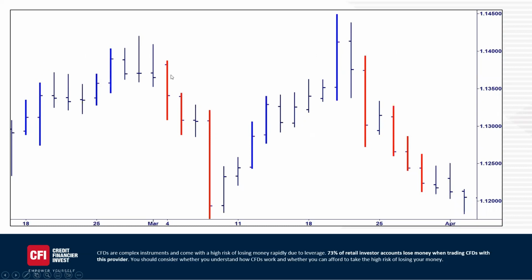Similarly, on the way down, if you close below the previous bar's low, we have bearish thrust, and I painted that bar red. Okay, so here, the market broke through the previous session's low and closed below it. This is a bearish thrust bar.